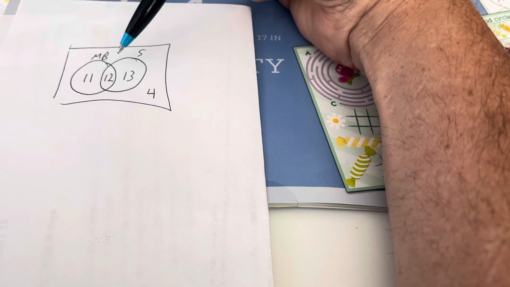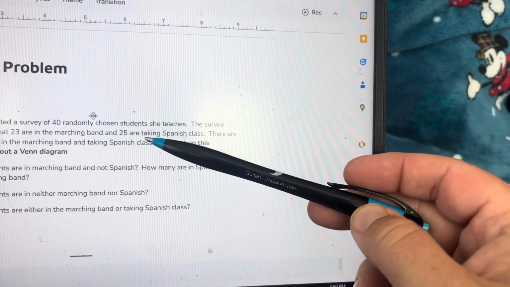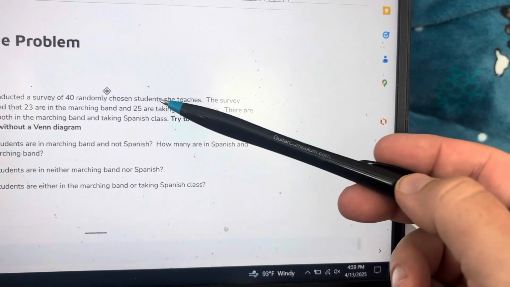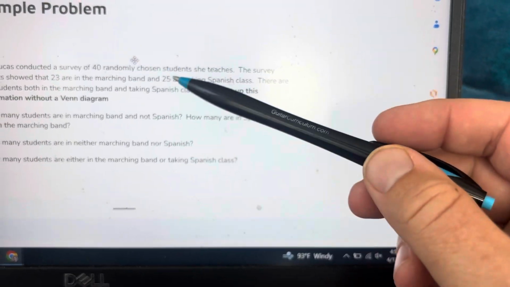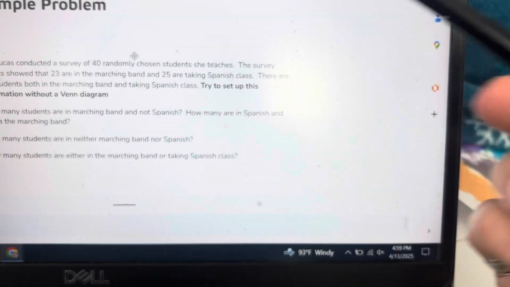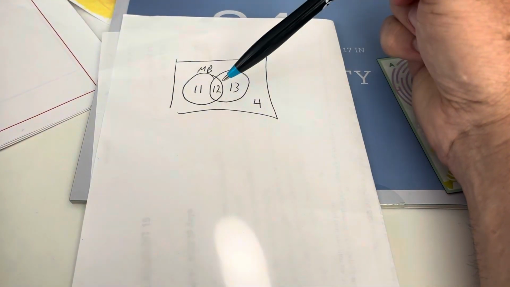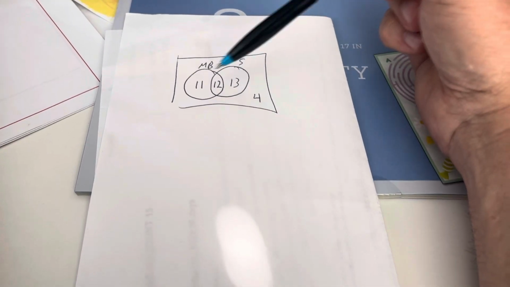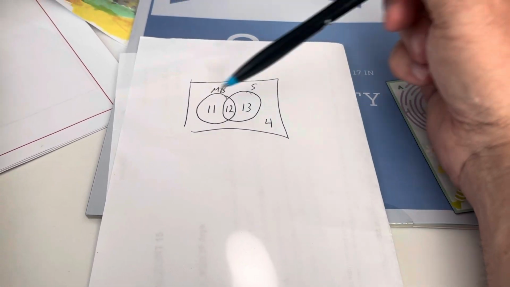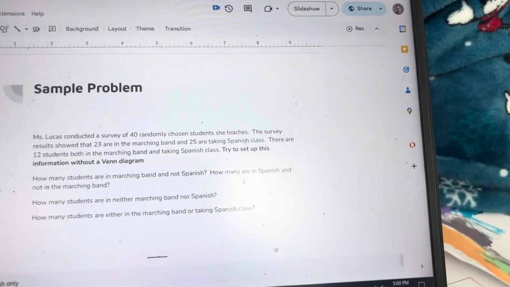But if I try to do what the question says, 23 in the marching band, 25 in Spanish, I count those and I say, oh, there's 48. But 48 is more than I have. Probability cannot be more than 100%. So I have to look here. It's these 36. 36 out of the 40 are either in marching band or Spanish.